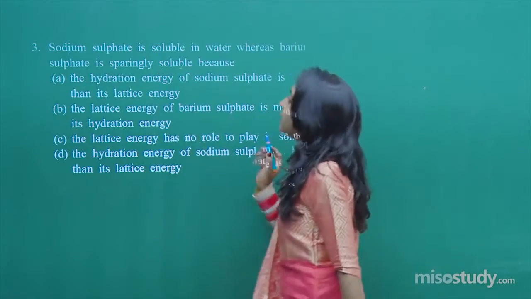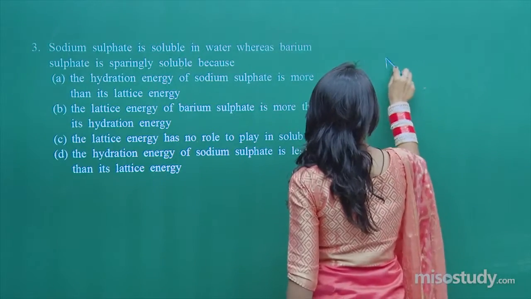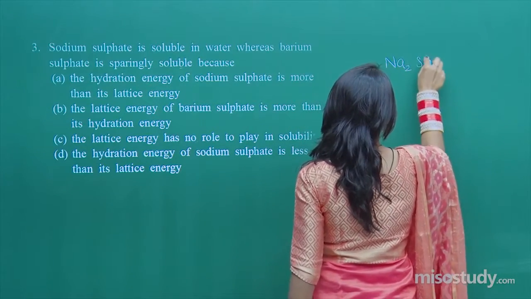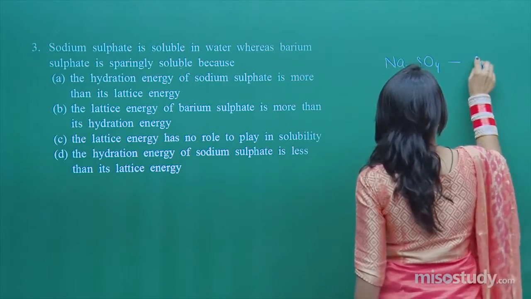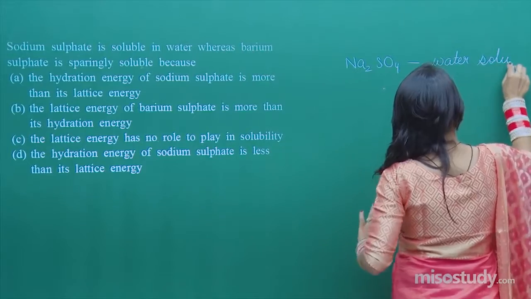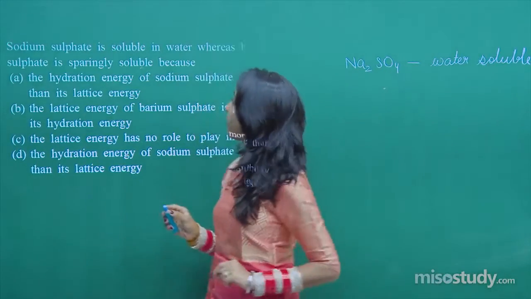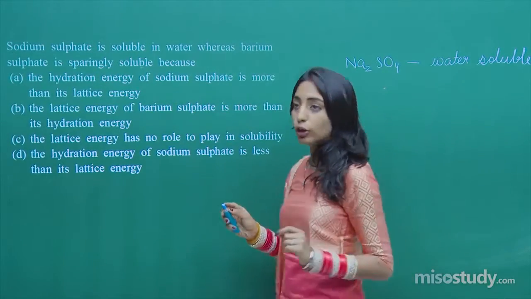Sodium sulfate is soluble in water. Let me write the data here. Sodium sulfate is Na2SO4, and this is water soluble. Okay, whereas barium sulfate is sparingly soluble.